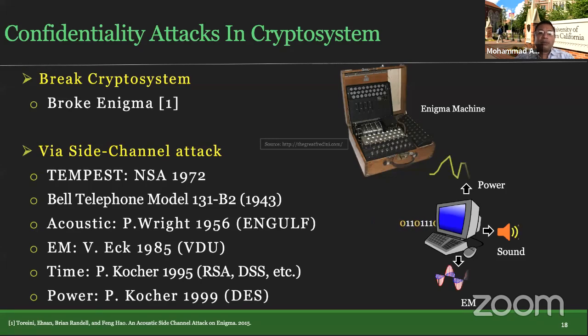And a lot of papers later came from Paul Kocher's group showing timing, power, and other work along that line. But before that, the question is, side channel is not something new that was suddenly invented. If we go back all the way to the Tempest project in the NSA in 1972, even during the Second World War in 1943, we have seen it used in different applications to break the Enigma machines or different encryption systems.